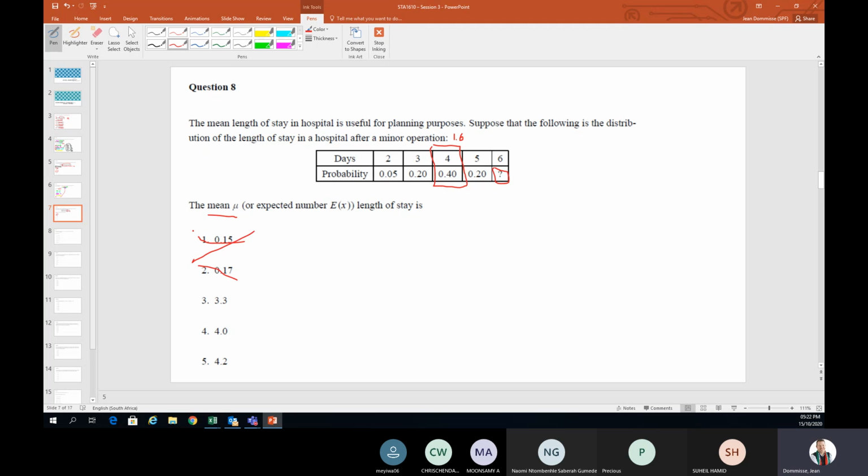So there I already have eliminated 2 options for you. So let's quickly see 0.2, 0.6, 0.8, 0.85. So that is 0.15. Okay, so that is 1.6. That is 0.6. That is 0.1. That is 1.0. Oh, that is 0.9.